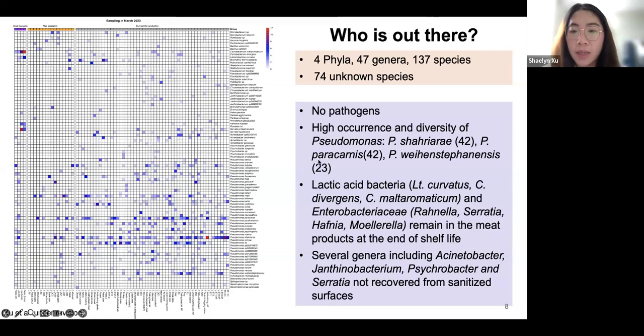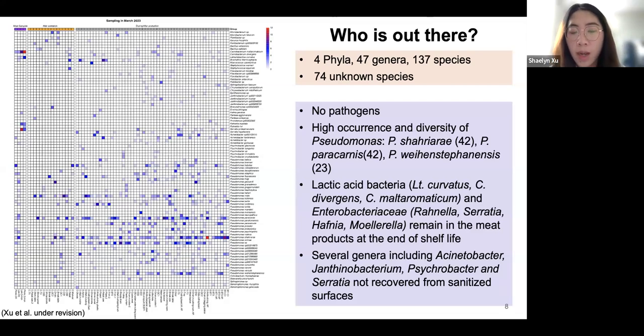After storage, the meat samples mainly consisted of lactic acid bacteria such as Lactobacillus curvatus, Carnobacterium divergens, and Carnobacterium maltaromaticum, as well as some Enterobacteriaceae, including Rahnella, Serratia, and Hafnia. Strict aerobic bacteria such as Pseudomonas are eliminated after the 3 months storage.